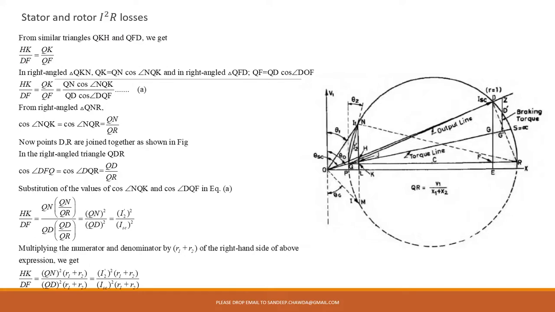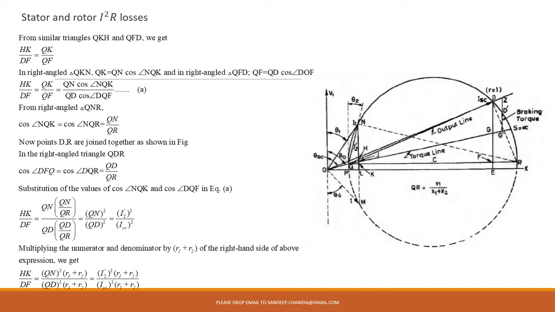Now we are going to find the value of QK and QF. In order to find this, we are going to consider another triangle, QKN, this bigger one. From this QKN we are going to determine the value of QK. So QK can be written in terms of QN cos angle NQK.